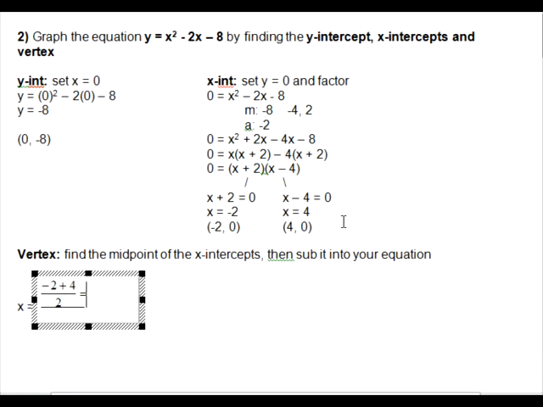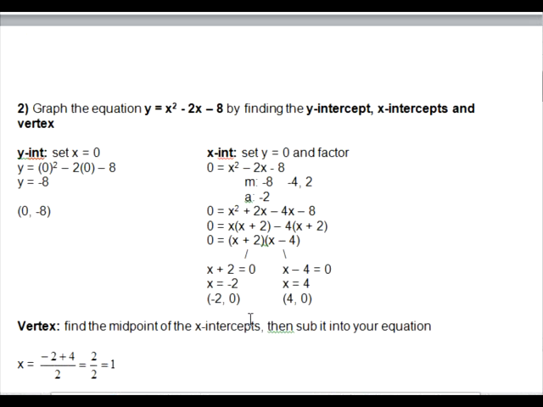Now I always get asked this question, so I'm going to answer it before you ask. It's always going to be divided by 2 because there's two numbers. 4 minus 2 is equal to 2, so 2 over 2 equals 1. So the x value of my vertex is going to be 1.